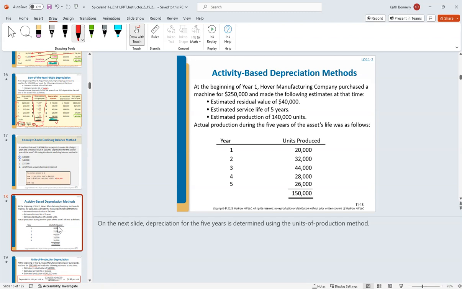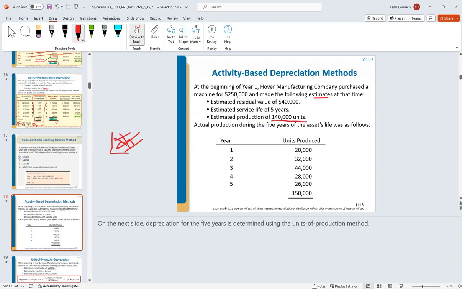How about the activity-based depreciation method? Like I told you, how do we draw this? Well, I said it depends. Are they using it a lot? It depends on how much they use of it. So here they buy a machine for $250,000 and estimate when they buy it that it's going to have a residual value of 40 and last 5 years.